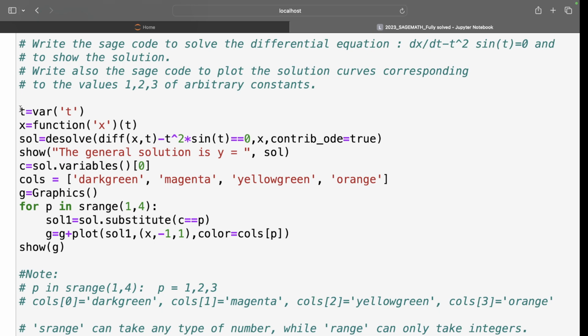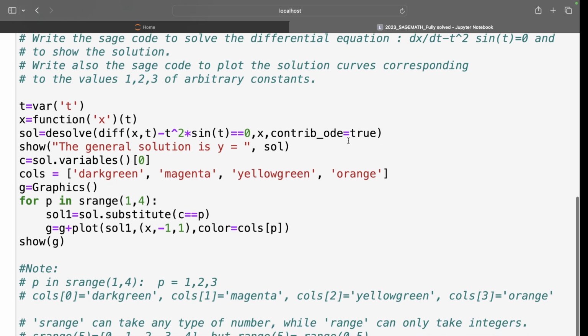We desolve diff(x,t) minus t square sine t equals 0, solve for x, and contrib_ode equal to true.